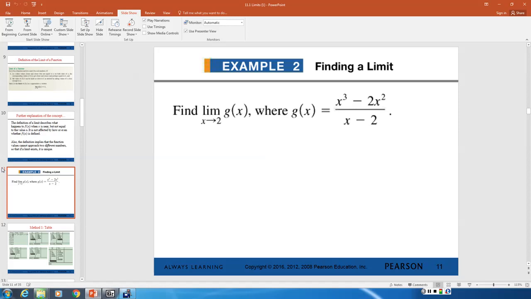Even though this is a simplified version of it, and we can simplify it by factoring and canceling, in the original function f of 2 was not defined. So it can't be defined for this number either. Okay?